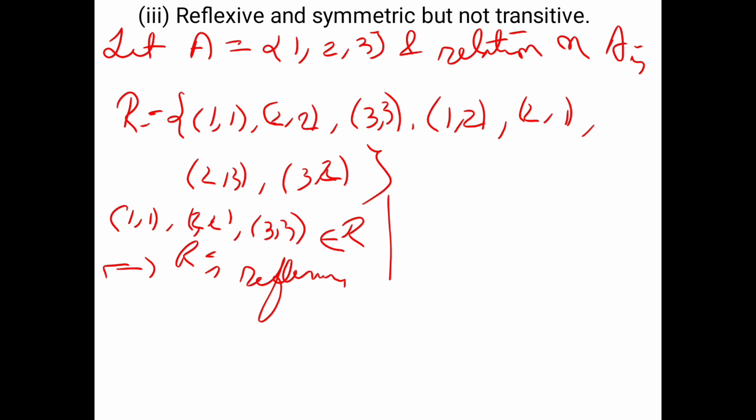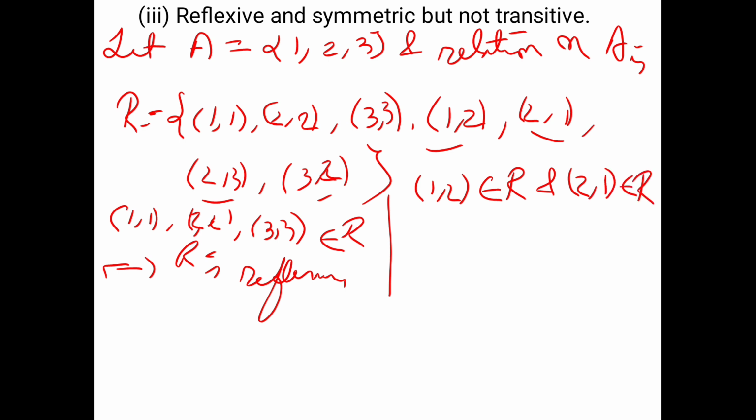Symmetric: first element related to second element, second related to first. 1 related to 2 and 2 related to 1, 2 related to 3 and 3 related to 2. So R is symmetric. Now the transitive check.